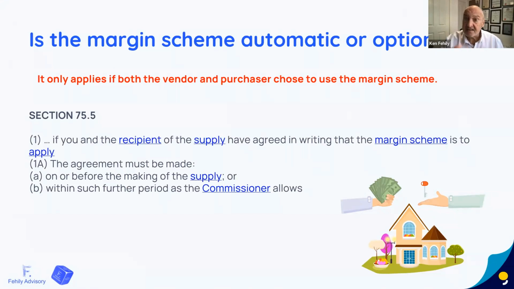So let's say 6 months down the track, we think, oh my, we should have elected to use the margin scheme. We were going to, but we forgot. He can give us both time, say another 6 months, or 2 months from when he gives us permission, to go back and both elect. But we still must then elect in writing. And when we do that, it'll be retrospectively applied as though it happened at settlement.